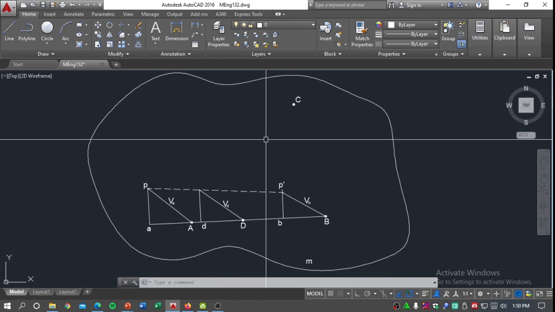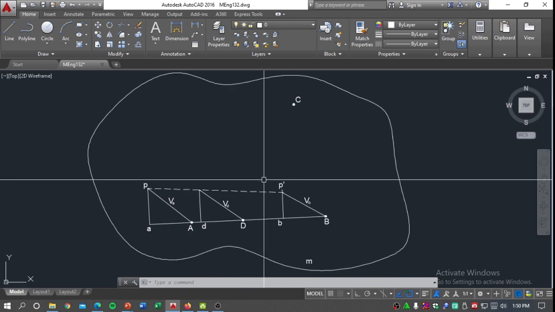Okay, so in this example, since we already obtained the velocity vectors and also the velocities for points B and D, our next task is to get the velocity vector and velocity of point C. However, it is still unknown how we may obtain this velocity.